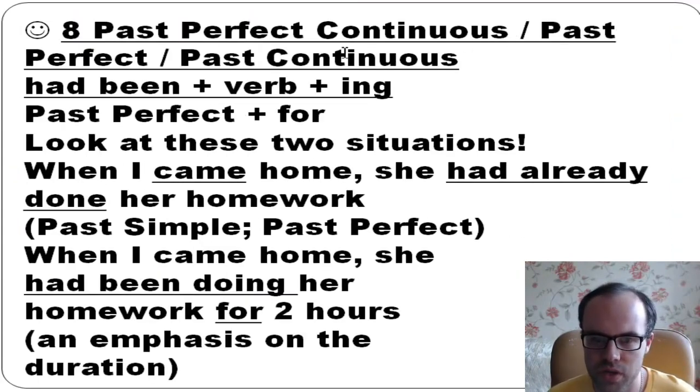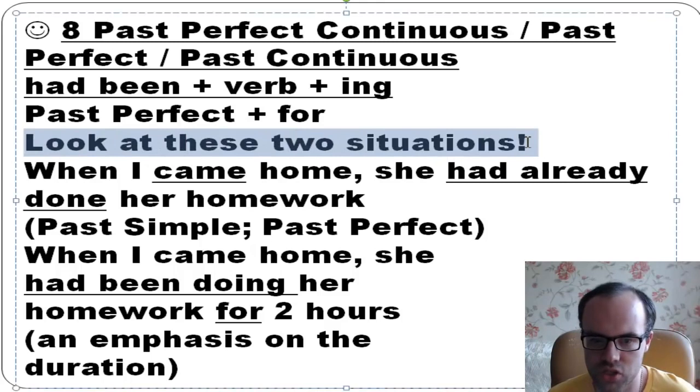So really, past perfect continuous, past perfect, past continuous. Had been plus verb plus ing. What is past perfect continuous? It's past perfect plus for. Look at these two situations. When I came home, she had already done her homework. So it's past simple and past perfect. And the second situation: when I came home, she had been doing her homework for 2 hours.